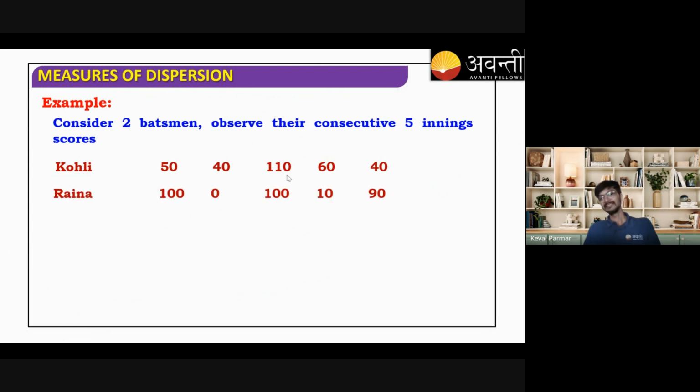By seeing the data only, you can judge something. Now, what can you judge, guys? By seeing just the scores they have made in 5 innings, what conclusion can you draw?